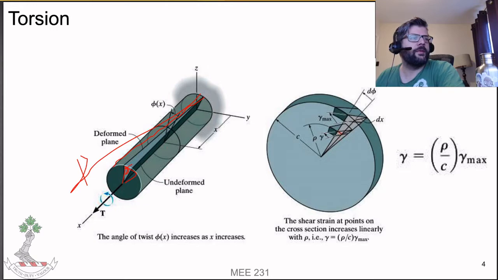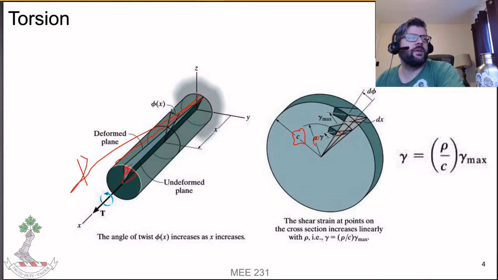If we're looking at the shear that's occurring as we look at the cross section, the shear increases linearly with the distance from the center. For some reason, the notation they tend to use when talking torsion problems is c as the outermost radius, and rho as the distance from the center for any generic point.